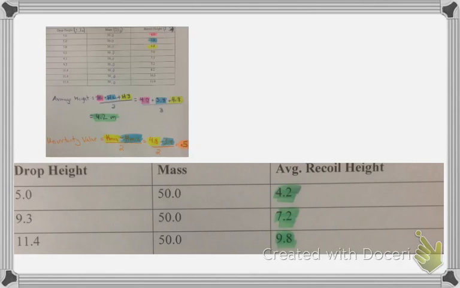I like to condense it down and get fewer data points, but be able to make a stronger conclusion from those data points. So what I'm going to do is take my average value, which you see in green here, and write that into what I call my average recoil height over here. So I have 4.2, 7.2, 9.8.